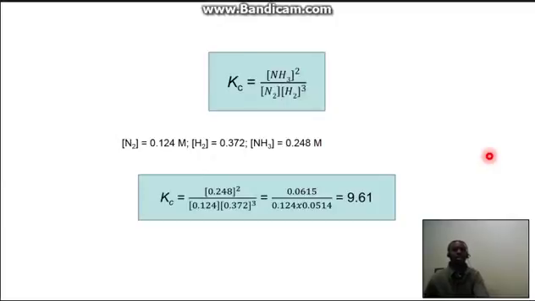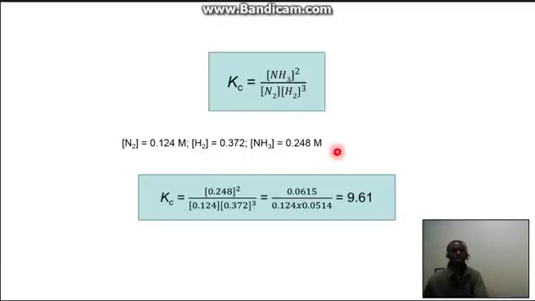Now, the second thing that you need to do is to write down the given concentrations. For instance, here nitrogen has a concentration of 0.124, hydrogen has 0.372, and then ammonia has 0.248.